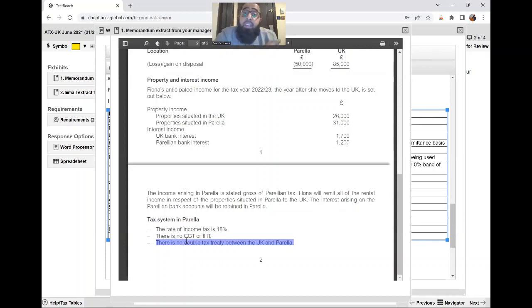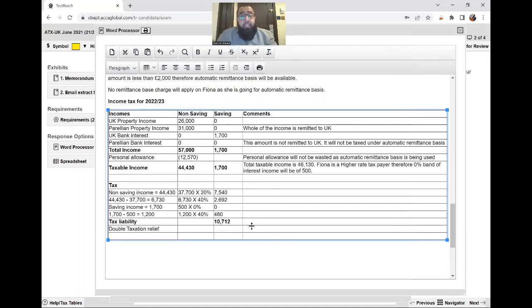But you need to know that if there is no double tax treaty, then DTR is the lower of UK tax and overseas tax. You have studied it in individual overseas. Even if there is no treaty, we get DTR at the lower of. Okay? Double taxation relief.